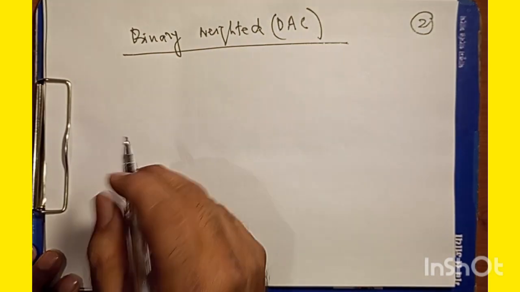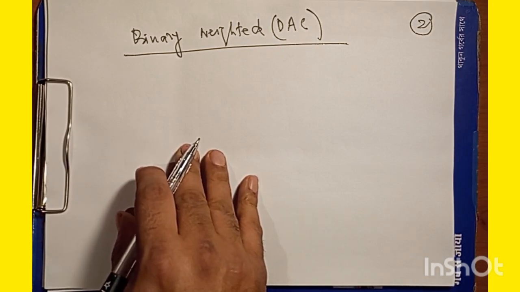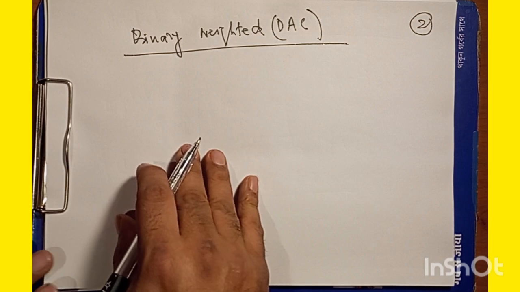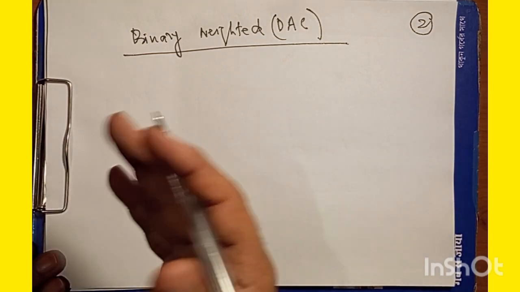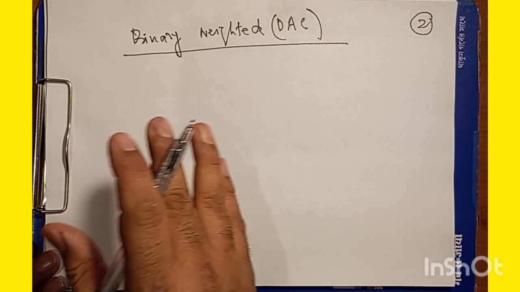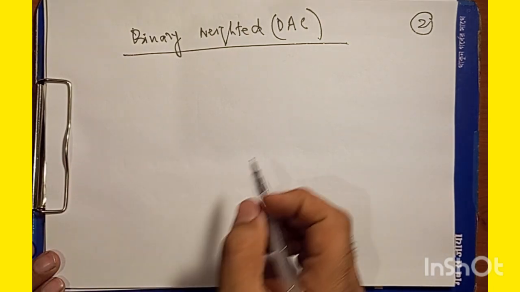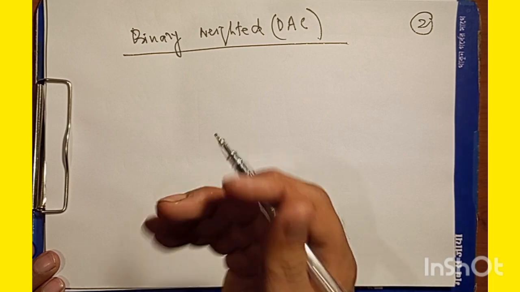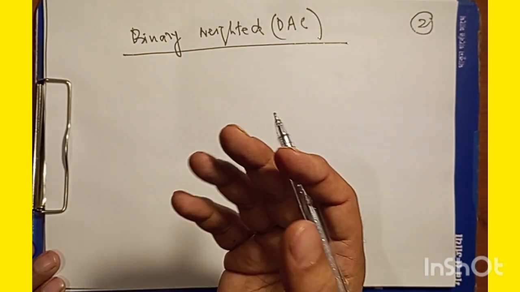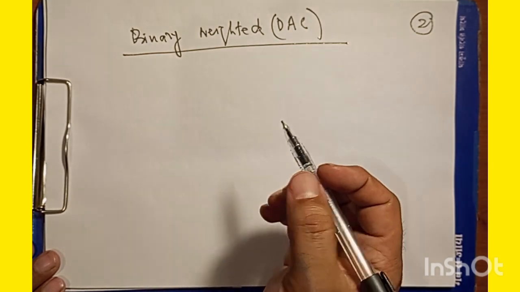Now the right thing would be to go with the circuit diagram and then analyze that circuit diagram. There we can have many different ranges of combinations that can be used in designing a DAC. Here, for the sake of simplicity, we will make use of 3-bit binary weighted resistors.